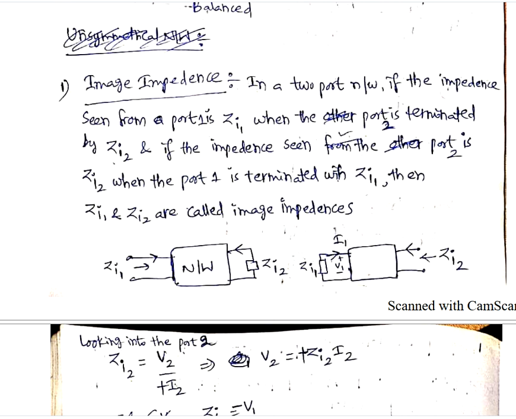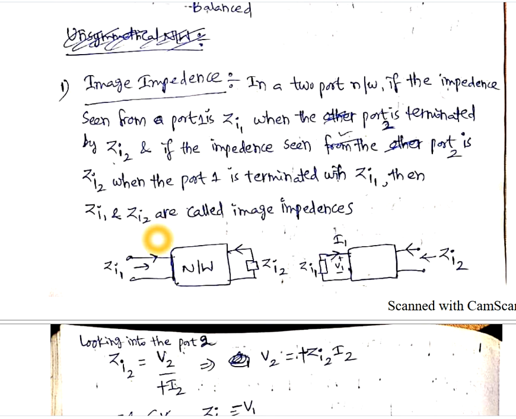In a two-port network, if the impedance seen from port 1 is Zi1 when port 2 is terminated by Zi2, and if the impedance seen from port 2 is Zi2 when port 1 is terminated with Zi1, then Zi1 and Zi2 are called image impedances.